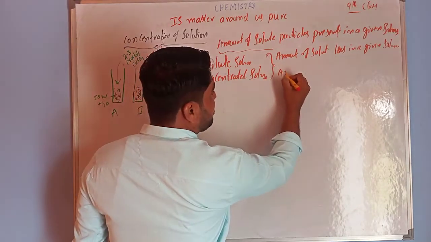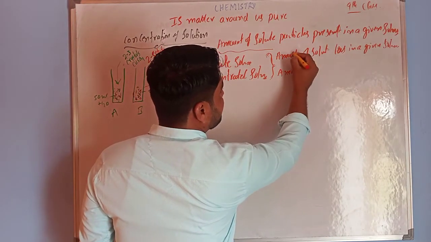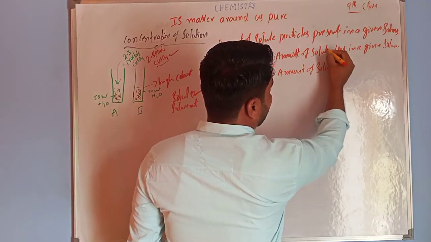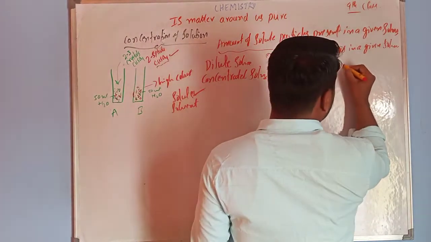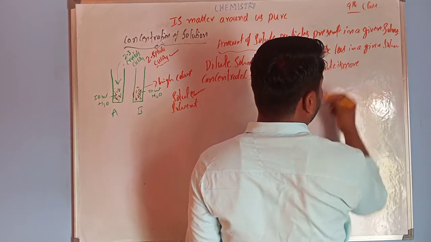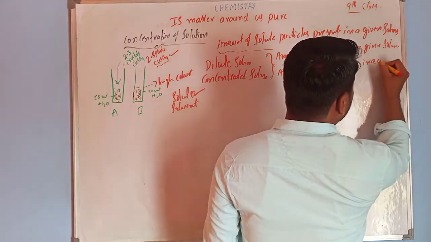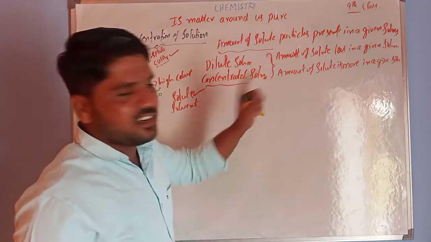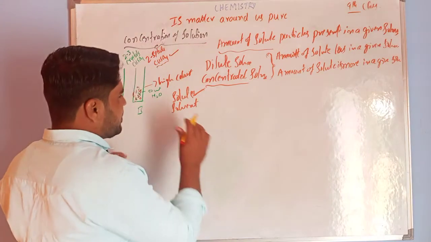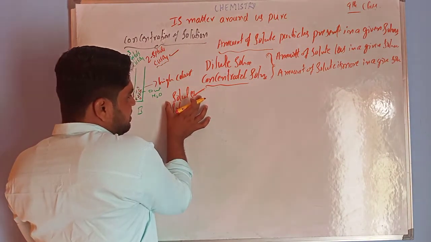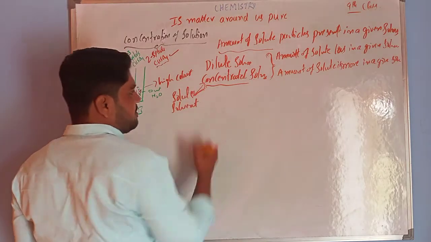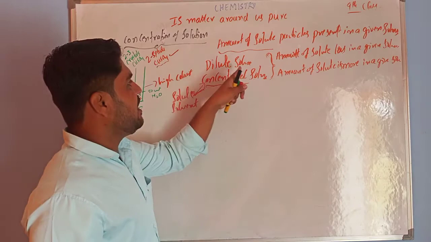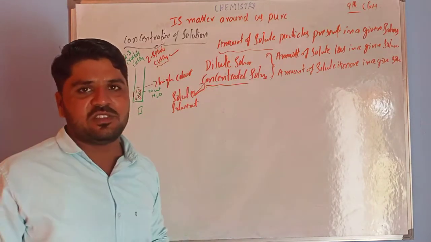That means the amount of solute is more in a given solution, and we call it a concentrated solution. So if the solute particles are more, we call it concentrated. If the solute particles are less, we call it a dilute solution.